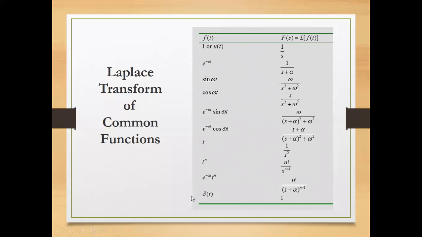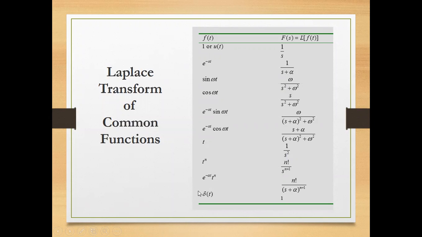Now, the last function that you are seeing here is the Dirac delta function, or we call this the Dirac function or delta function. Now, if you take the Laplace of this, the Laplace transform would simply be equal to 1.